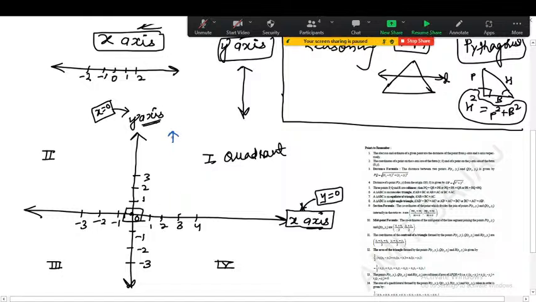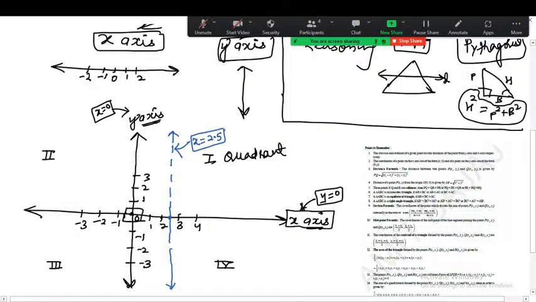If a line seems to be parallel to y-axis, and let's say you just know it passes through 2.5, you will call it x is equal to 2.5.